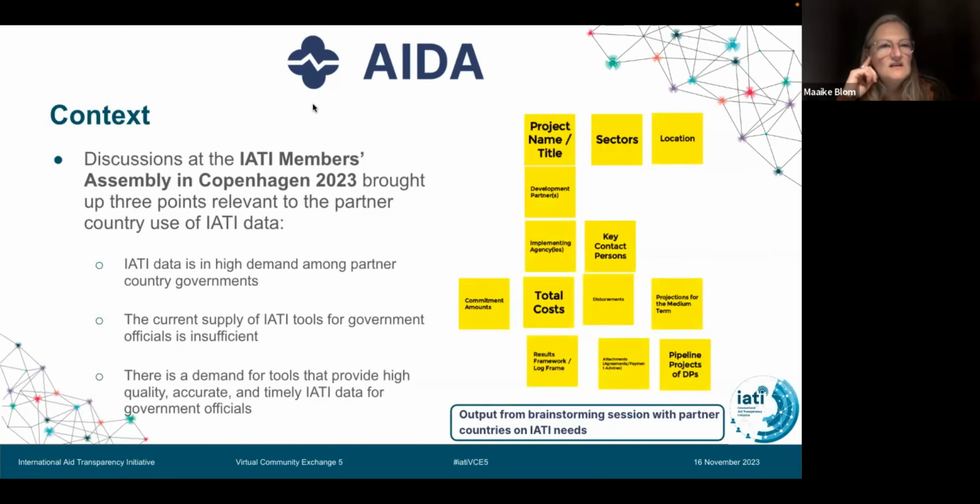During the members assembly in Copenhagen, there was already some thinking on how the country dashboard could look. On the yellow sticky notes was the brainstorming. The thinking, of course, is that partner countries, but also other stakeholders in country, can use the IATI data for their own decision making and their own policy and aid coordination.